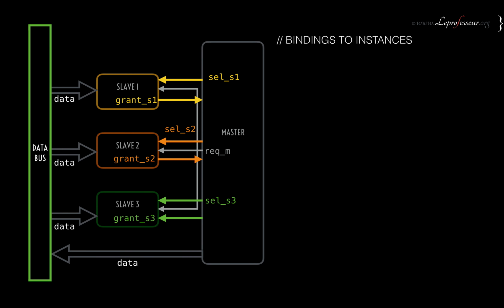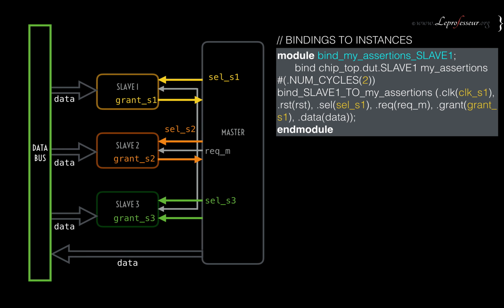So we bind the same assertion module to different instances of the slave. We write another module, which is a bind module. Let's say I want to bind assertions to slave 1.